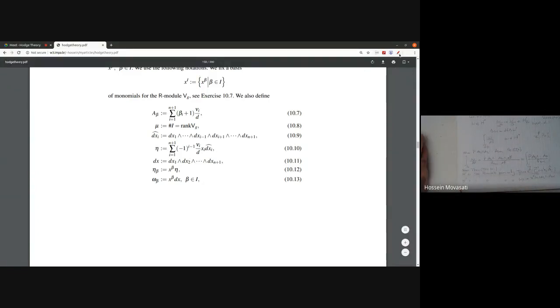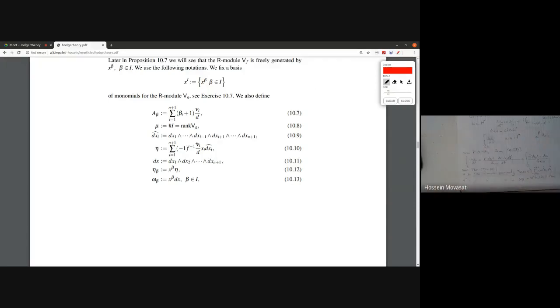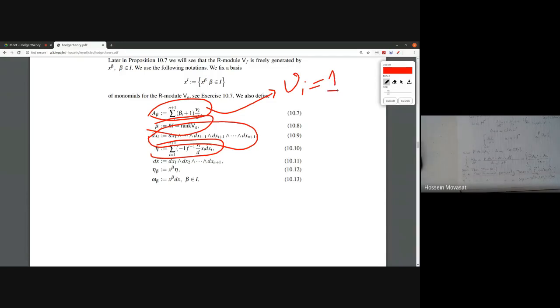And so this notation eta beta, omega beta, we will call this eta. Maybe I remember this notation, this eta dxi check. Mu was the rank. We will need also this number a beta. In our context, these are all 1. And so let's go further.